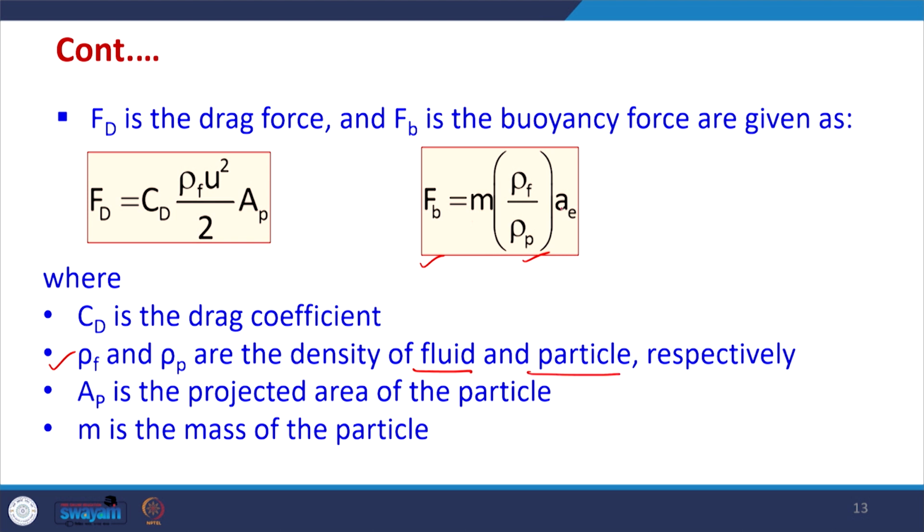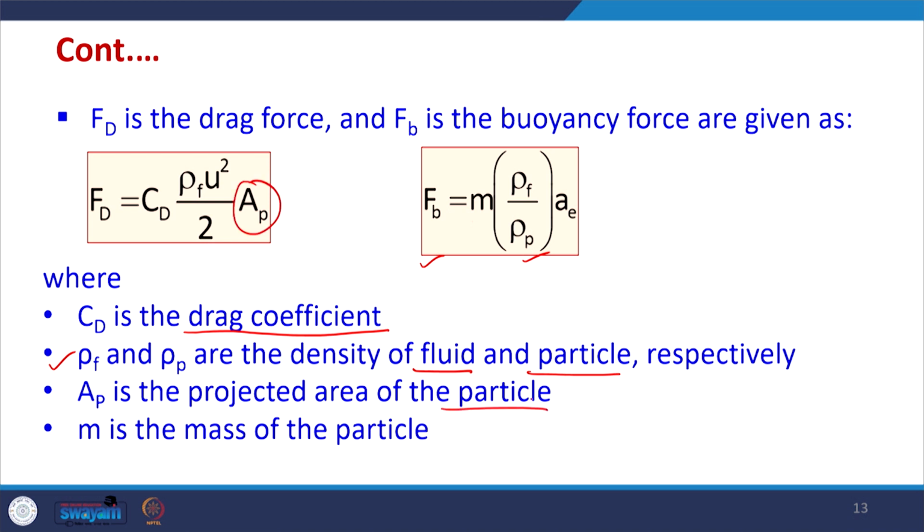Ae we have already defined. The drag force can be defined like this: drag force Fd is equal to Cd into rho f u square by 2 into Ap. Cd is the drag coefficient, we will be learning about this, and it is very important. Ap is the projected area of the particle.